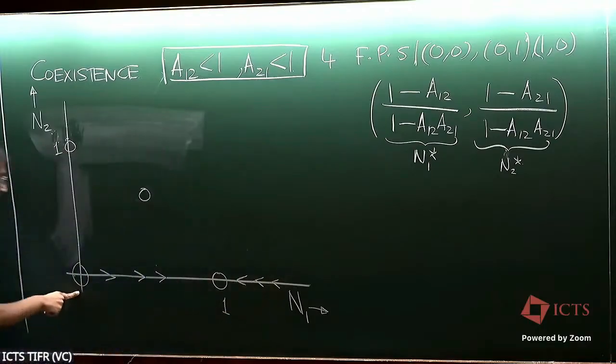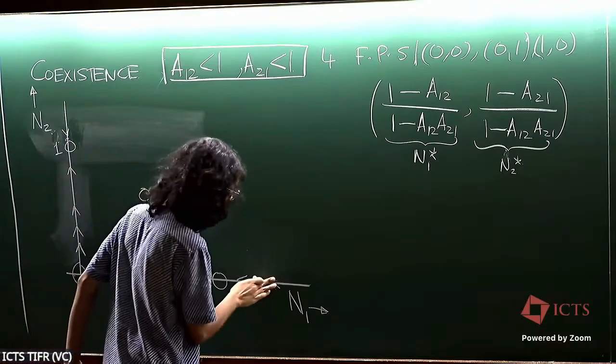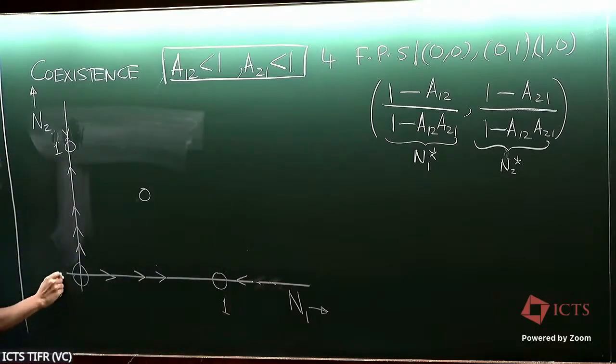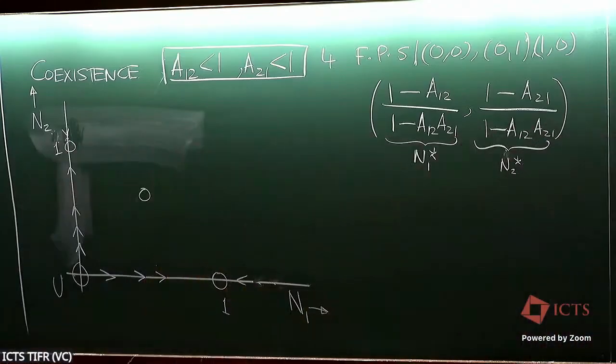But immediately you can see that this point becomes unstable, right? Also, by the way, for this direction, you add a little bit of species 2 and you run away. Okay? That point is unstable. I'll add a U next to it and keep the circle open. If it were stable, I would fill it up.